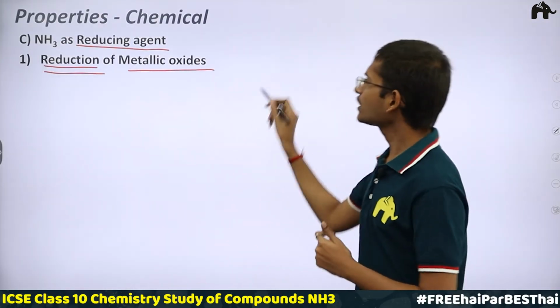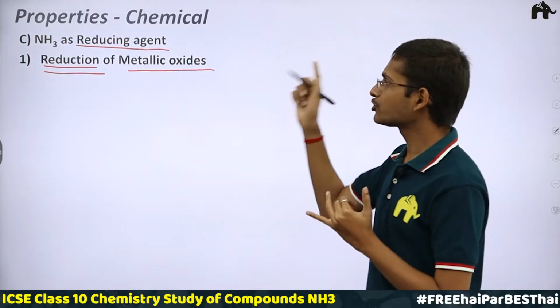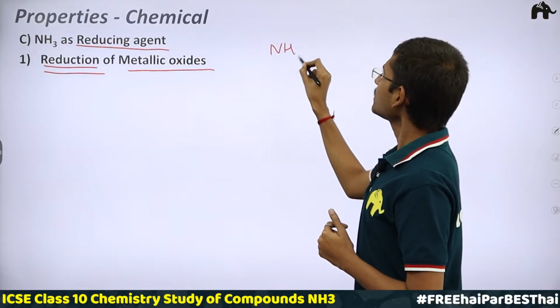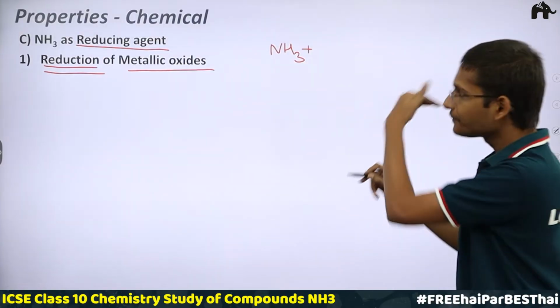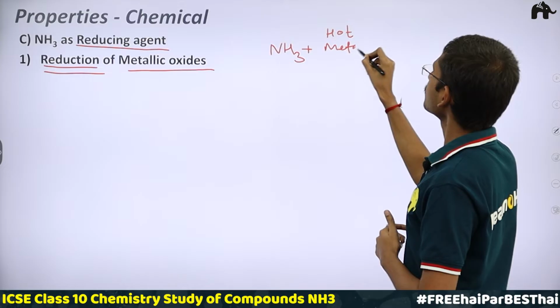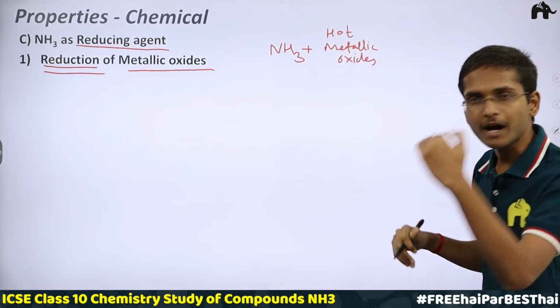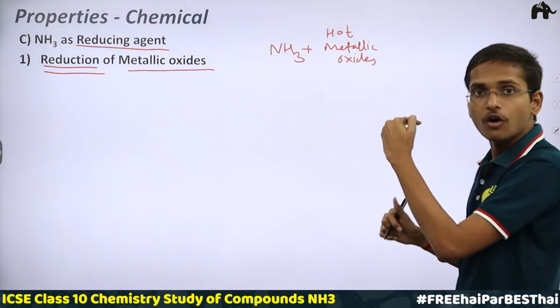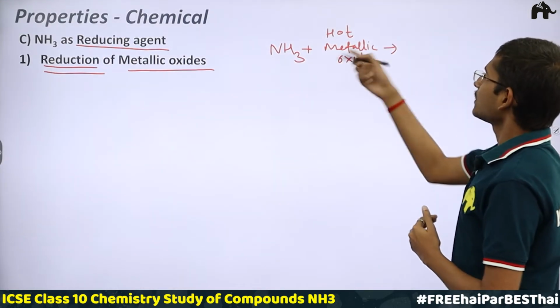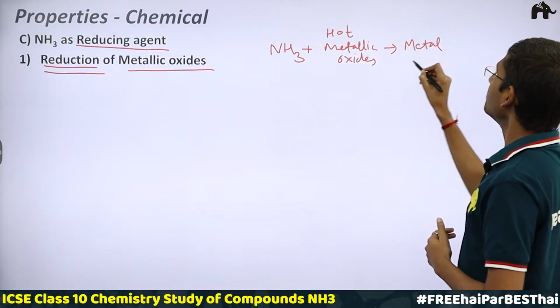The condition is very important, you should remember that ammonia is passed over hot metallic oxides. So we need to heat the metallic oxides first, and then pass ammonia through them, and the hot metallic oxides get converted into metal.